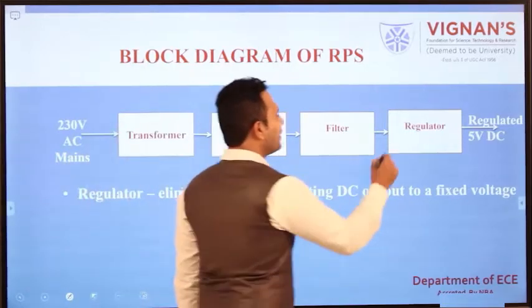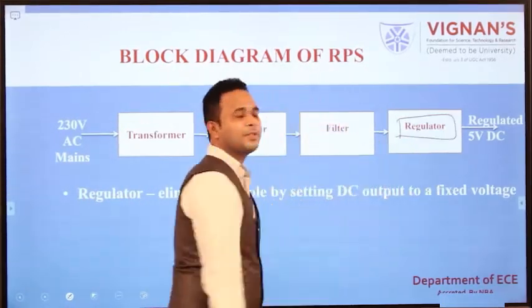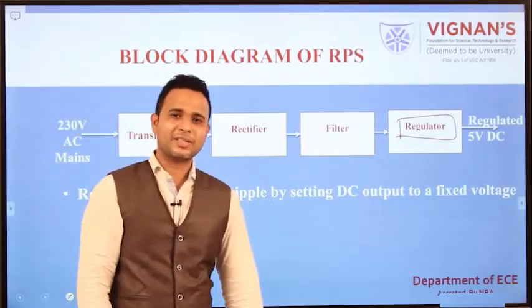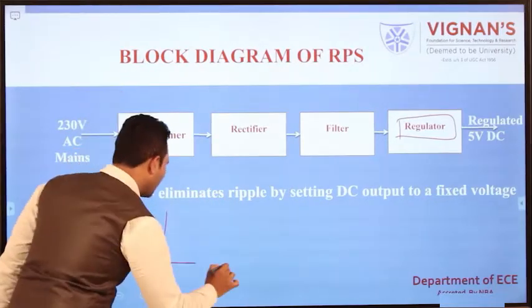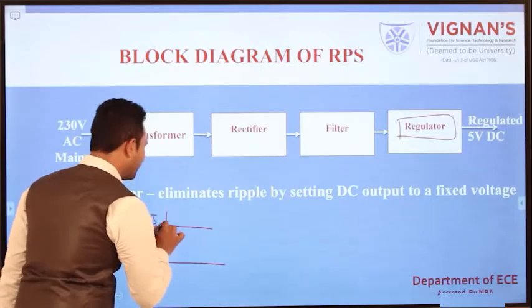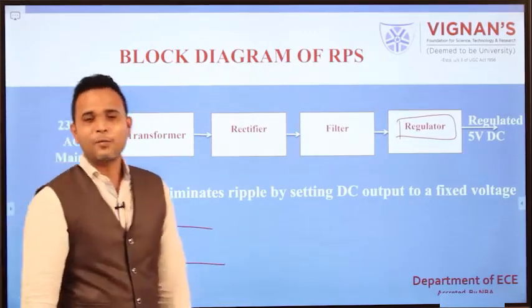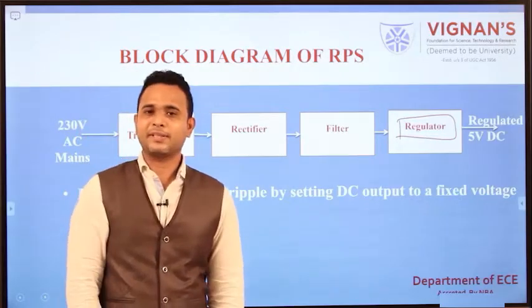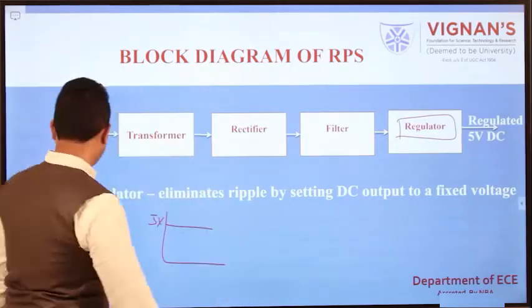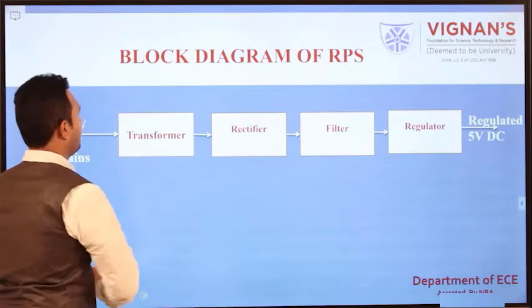With the help of regulators, we will provide that purification, that constancy. So regulators will provide the constant 5 volts DC. These are the 4 blocks used in the RPS, regulated power supplies.